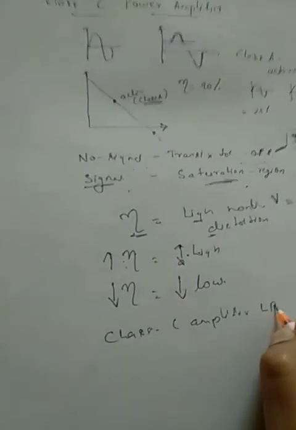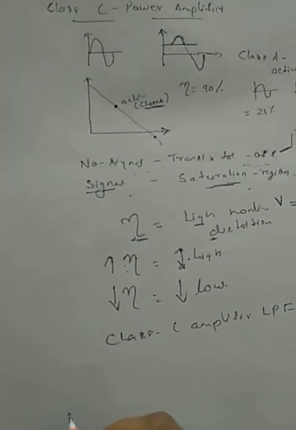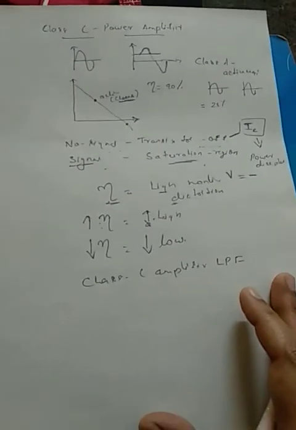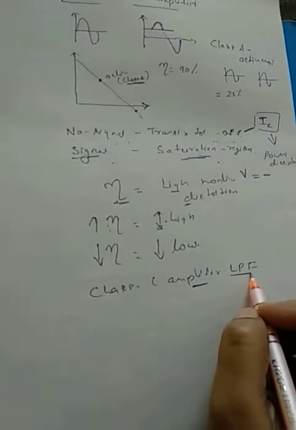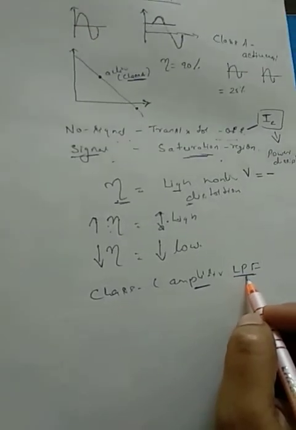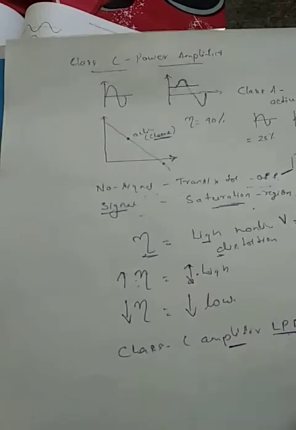This low pass filter blocks the high frequency harmonics and passes only the required signal frequency to the load. Now we'll see the schematic diagram.